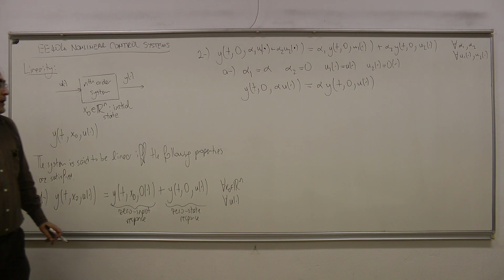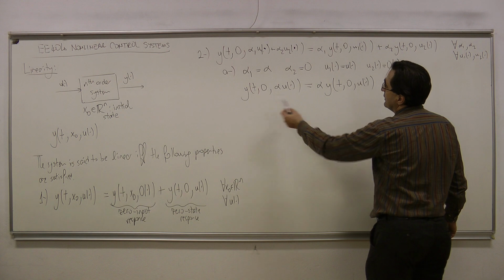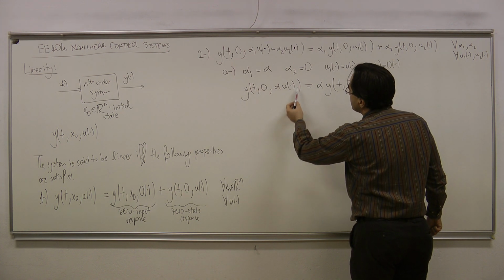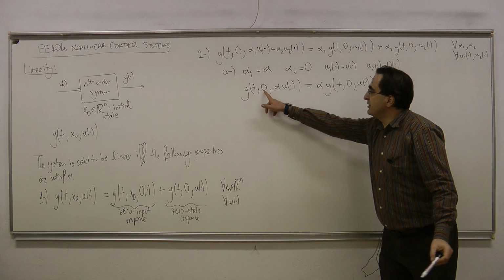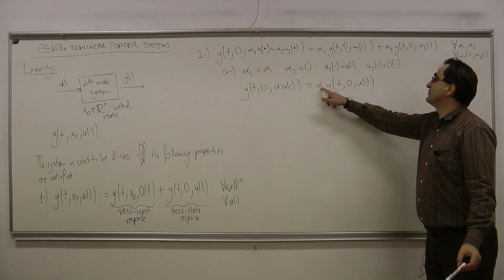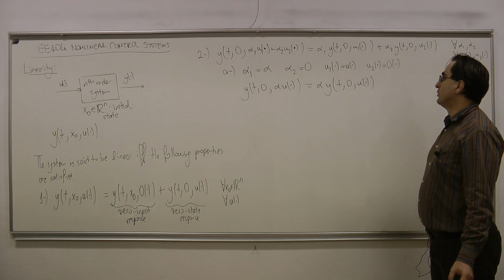So what does this property tell us? We see here that for a linear system, if I scale its input with 0 initial conditions, the output is going to be scaled as well, with the same scaling coefficient.